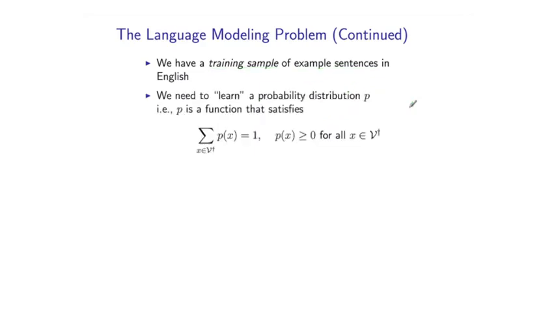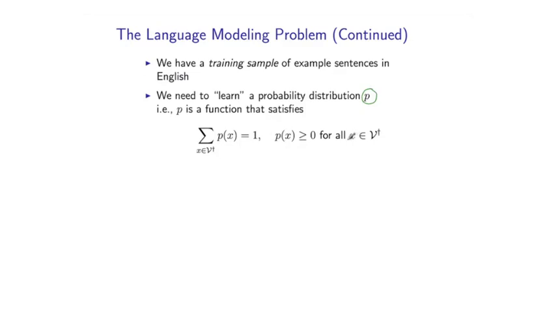So given a training sample, our task is the following. We want to learn a distribution, P, over sentences in our language. Okay, so P is going to be a function, and it satisfies 2 conditions.